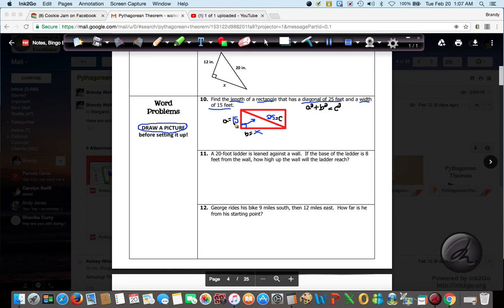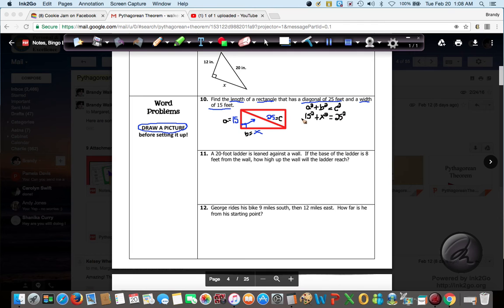Our A is 15. Our B is X, so we don't know it. That's what we're going to have to find out. And our C is 25, so 25 squared.